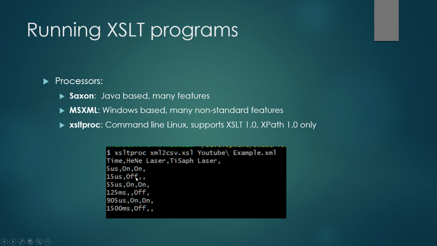So at 15 microseconds, we never did anything to the TISAF, and that's why it's blank. That's good, that's what we want. I also at 125 didn't do anything to the Heaney and changed the TISAF. That's good, that's what we want. Notice the blank commas in there. Everything did what it was supposed to do. So this is a good running program.